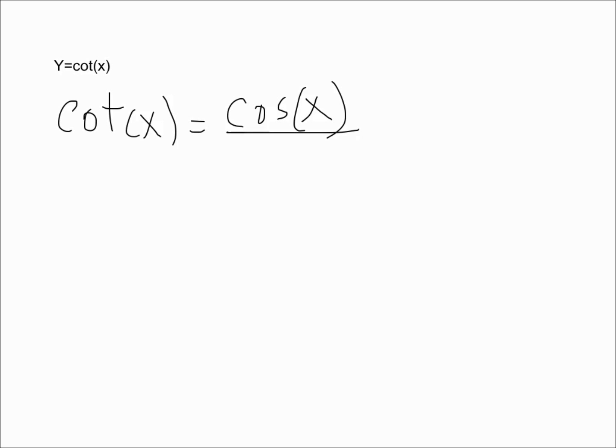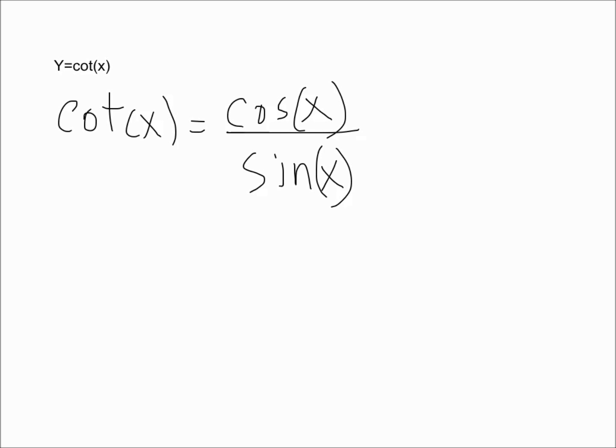Now for the cotangent, it's pretty much the same procedure, but instead cotangent is equal to the cosine of x or u, they're interchangeable, it's the same, over the sine of x.